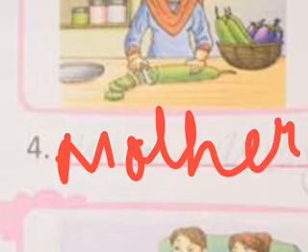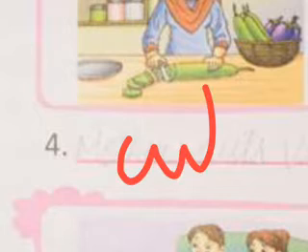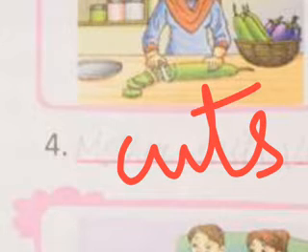In the next picture, one lady is cutting the vegetables, right? So here you can write mother cuts vegetables, right? Mother, okay, mother cuts, here you can see cuts vegetables, right?